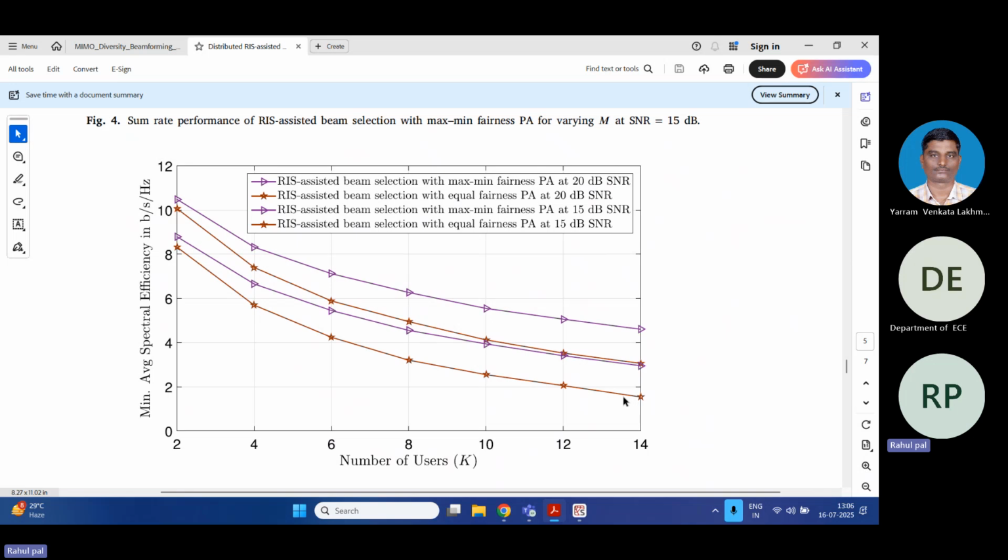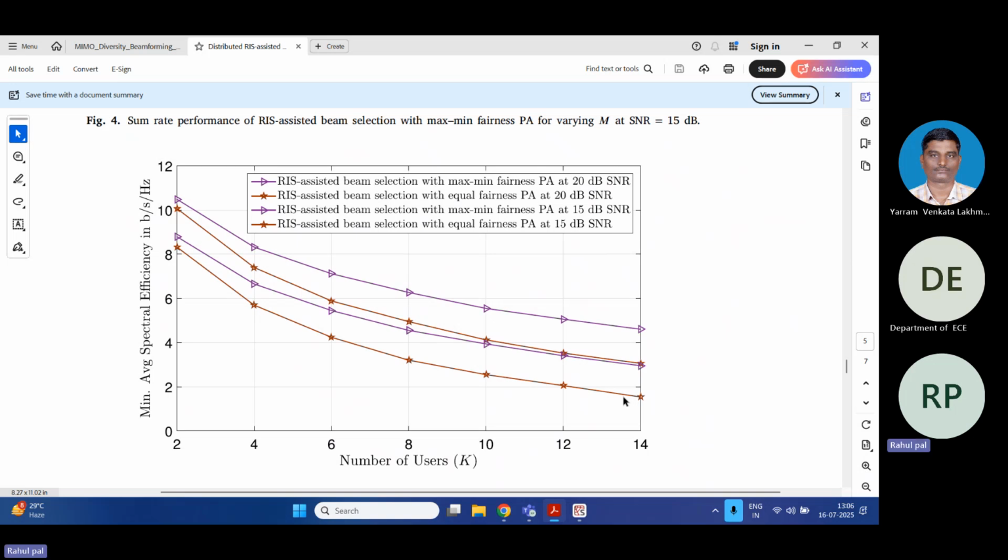So this is equal power allocation, with the minimum average spectral efficiency, and this is the minimum average spectral efficiency for max-min fairness. You can see the effect when we use the max-min fairness algorithm.